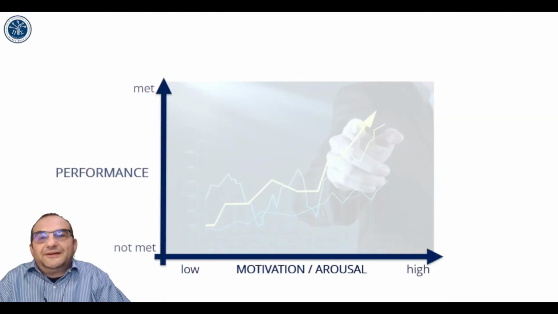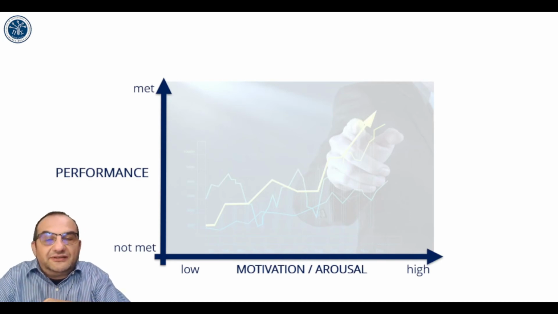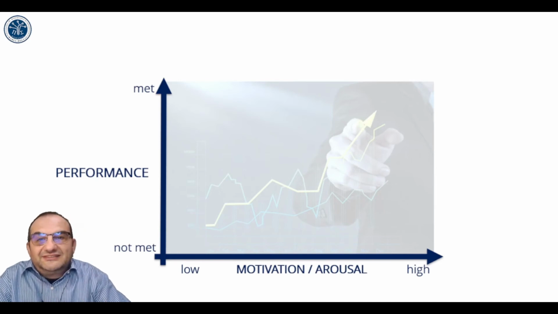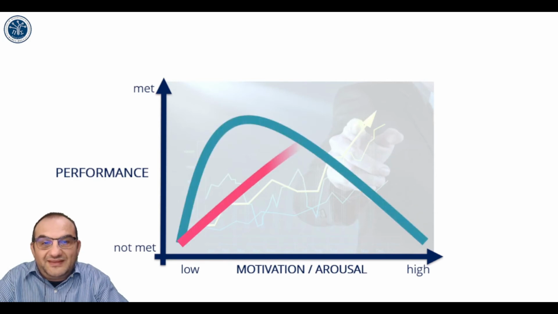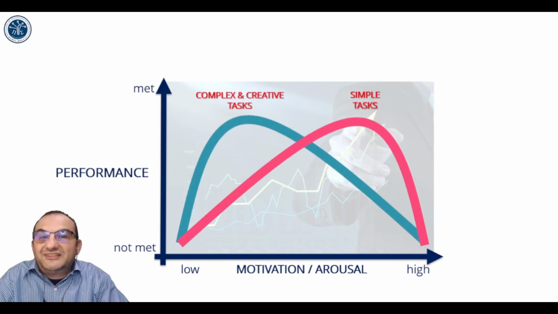Let's see. Okay, this slide contains the essence of the Yerkes-Dodson law. I mentioned it in the beginning of the course, from psychology, which says that motivation and arousal do not have monotonic effects on performance. Increased motivation enhances effort and narrows attention, which improves performance in simple tasks, but impairs performance when we talk about complex tasks.